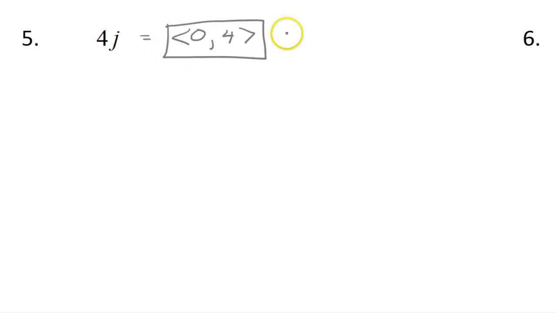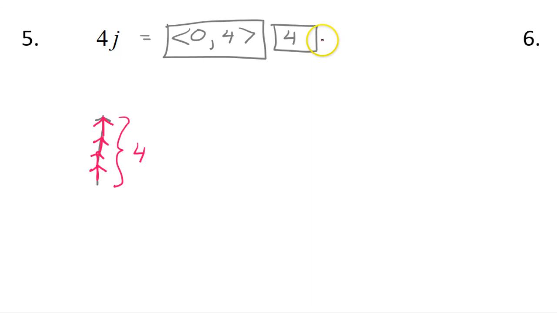Now the magnitude, we don't need to do any calculations. The magnitude is 4. This is simply a vertical vector of magnitude 4. Or, looking at it in terms of unit vectors, it's literally 4 vertical unit vectors together. Either way you want to look at it, the magnitude is 4.